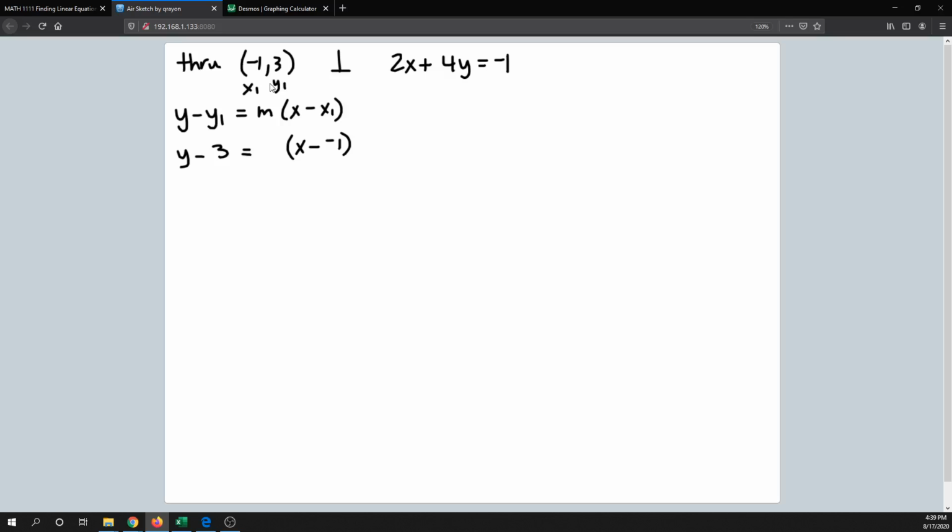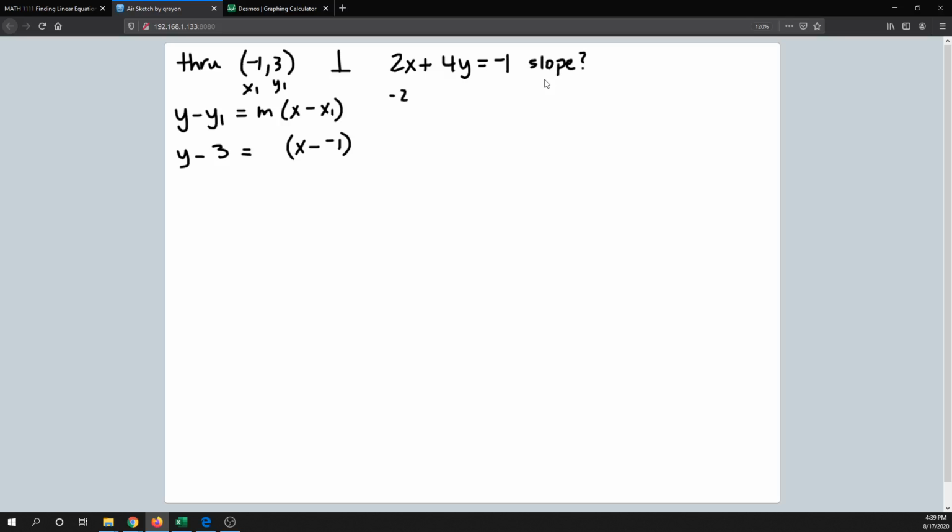So they tell us that it is perpendicular to this line, 2x plus 4y equals minus 1. So what we would need to do is to find the slope of this line right here. So what is the slope of this line? In order to do that, we would need to put this in slope-intercept format, right? So solve for y.